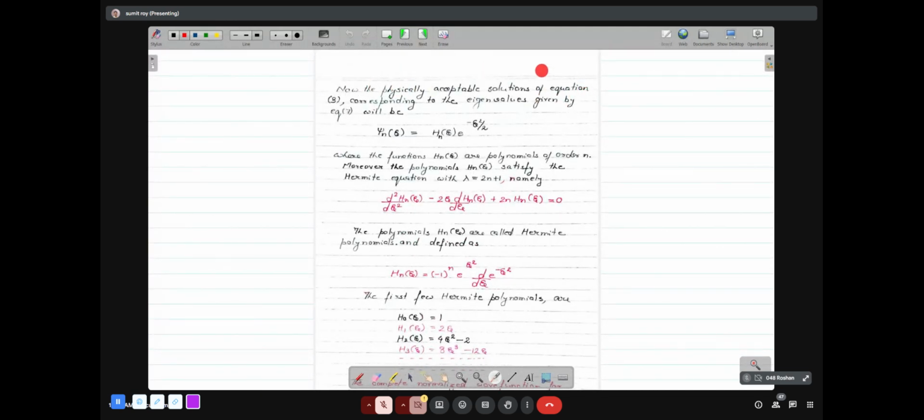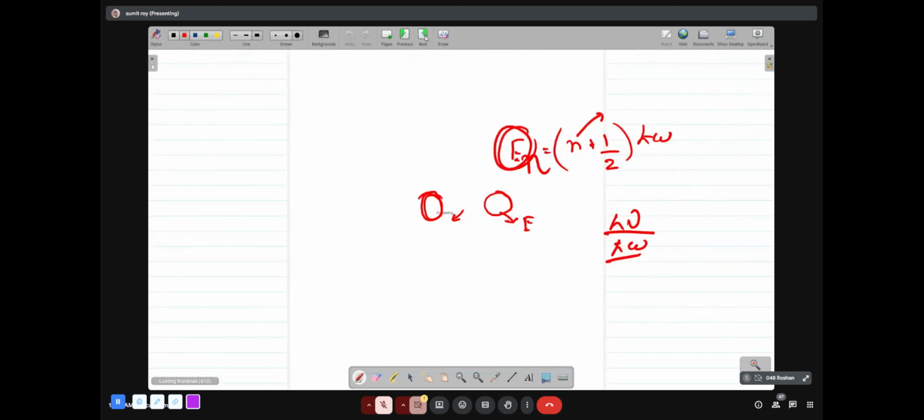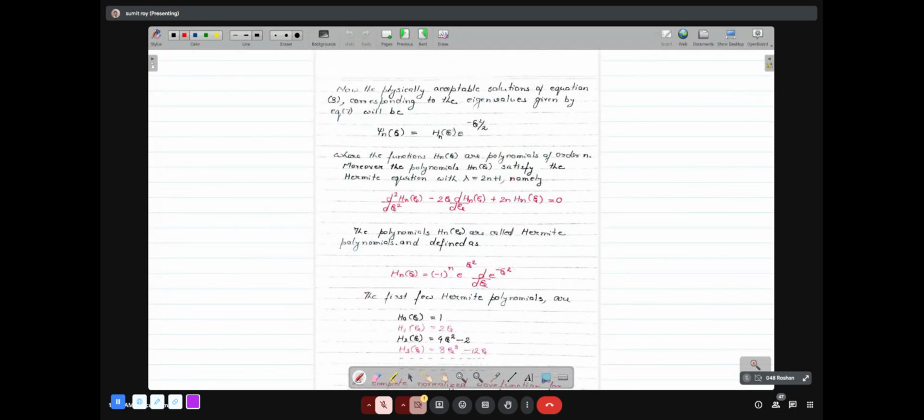Now the physically acceptable solution of equation 3 corresponds to the eigenvalues given by, if you return back here, आपको दिखेगा कि हमने सॉल्यूशन कुछ इस टाइप का लिखा था, ठीक है, लेकिन हमको मिला कि n के कॉरस्पॉन्डिंग आइगन वैल्यूज अलग अलग हैं। तो यहां पर भी देखो क्या किया गया है इस सॉल्यूशन में, माने हर n के कॉरस्पॉन्डिंग एक एनर्जी है, तो कॉरस्पॉन्डिंग वेव फंक्शन में भी n का डिपेंडेंस होगा, तो इस पे भी n का डिपेंडेंस देके और इसको लिखा गया है hn, where the function hn are polynomial of order n.